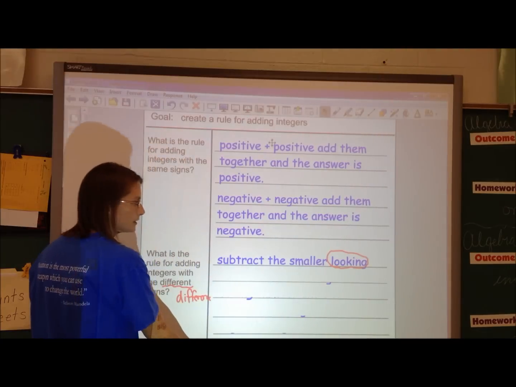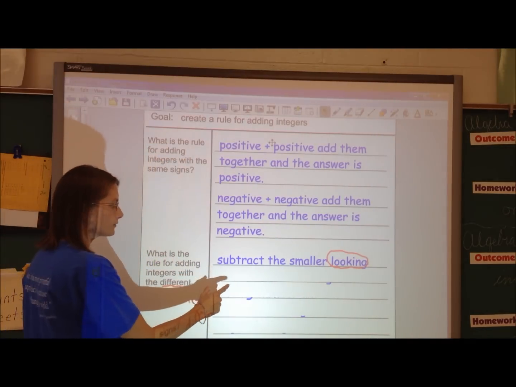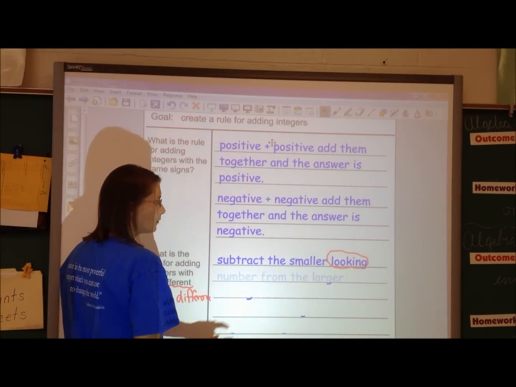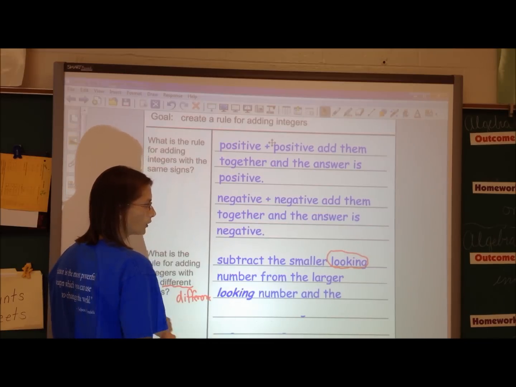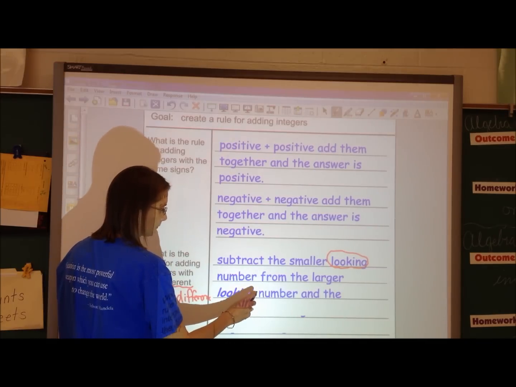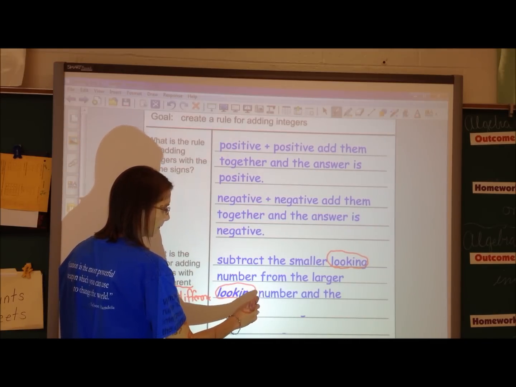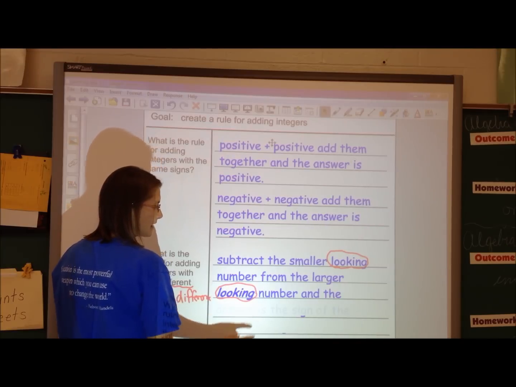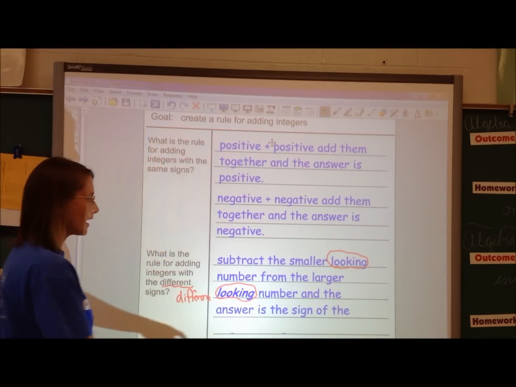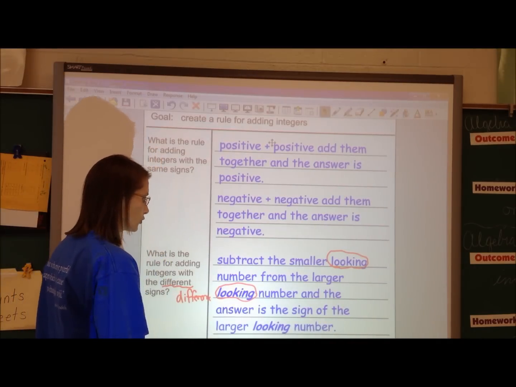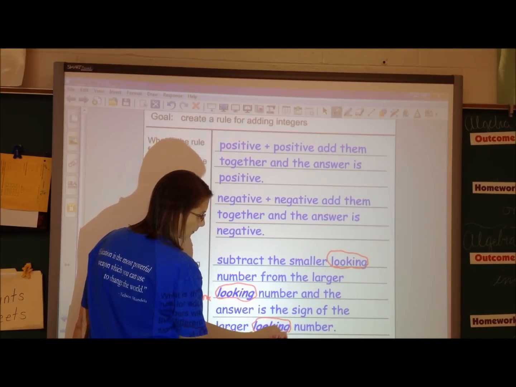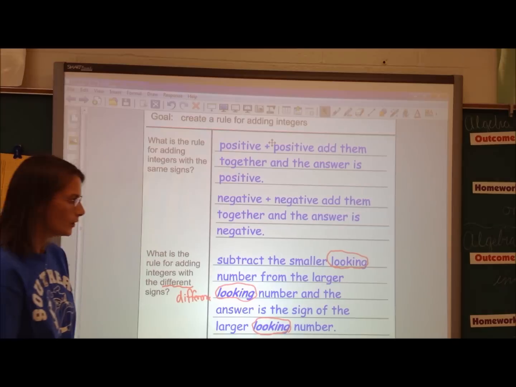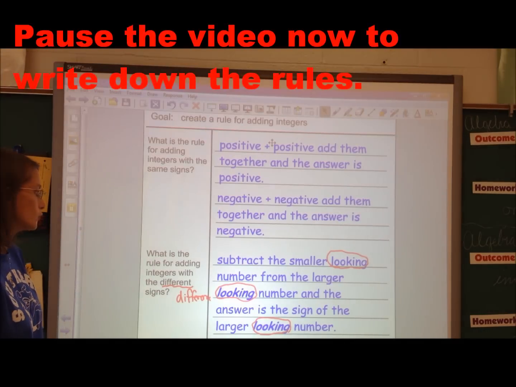It's not really the smallest number, because negatives are always smaller than positives. But we subtract the smaller looking number from the larger looking number. And the answer is the sign of the larger looking number. So pause the video, make sure you write down those rules.